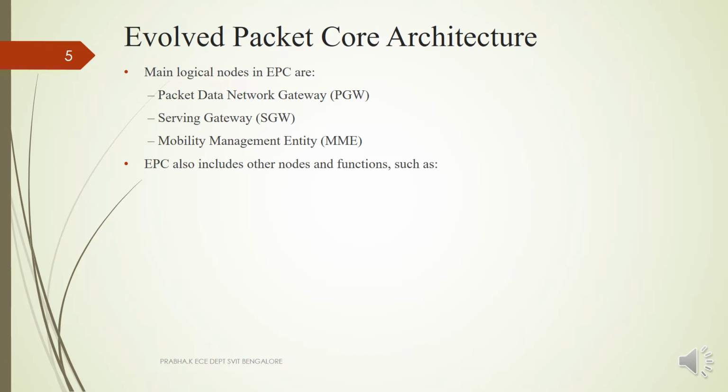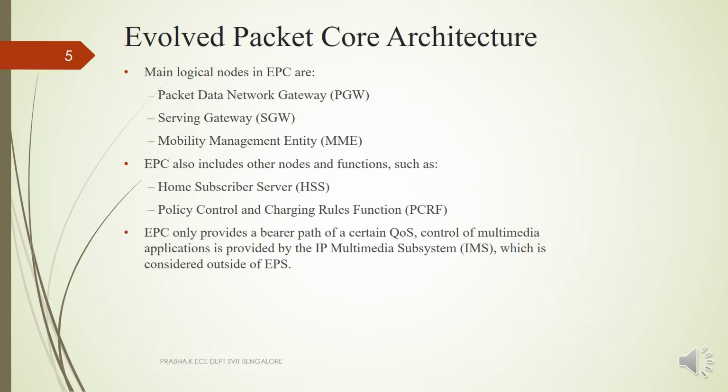Evolved Packet Core also includes other nodes and functions such as Home Subscriber Server and Policy Control and Charging Rules Function. Evolved Packet Core only provides a bearer path of a certain quality of service. Control of multimedia applications is provided by the IP Multimedia Subsystem, and it is considered as an outside module of the evolved packet system.